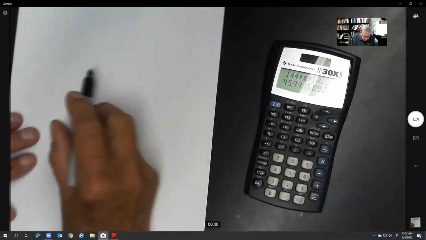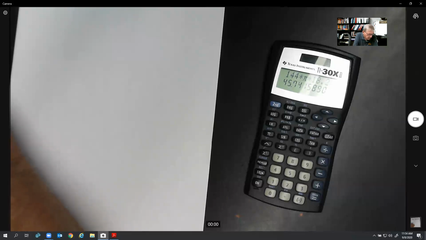All right, let's try another one. Let's try the distance between two cities. Interesting. It says the latitude gives the measure of the central angle with vertex at the Earth's center, whose initial side goes through the equator and whose terminal side goes through a given location.